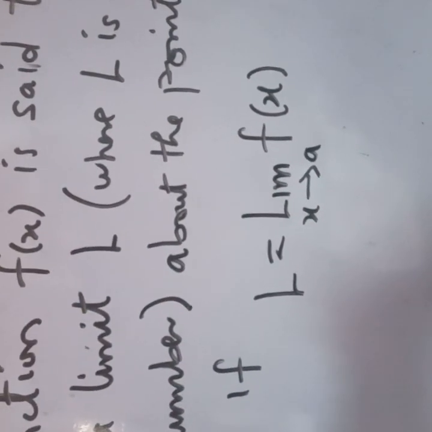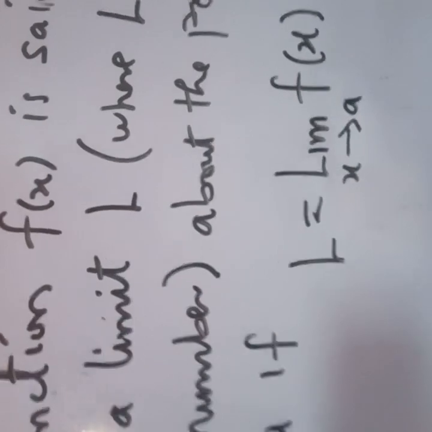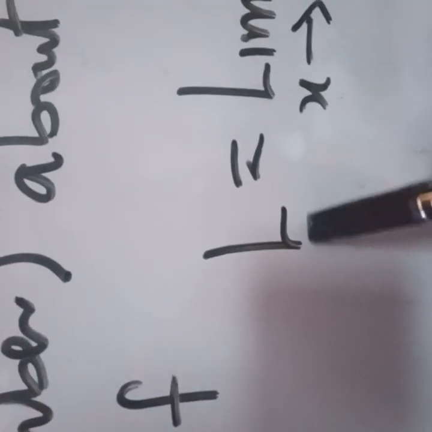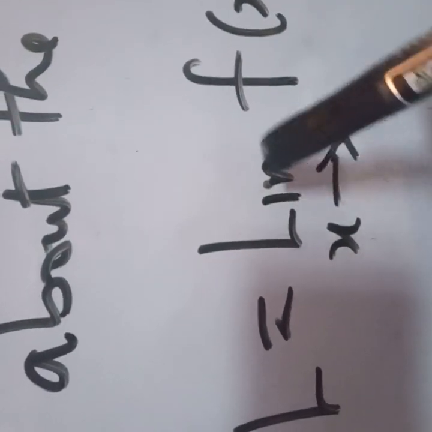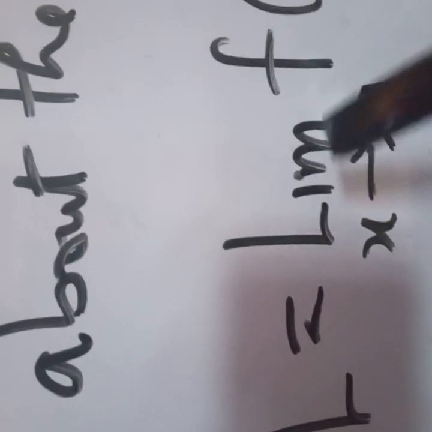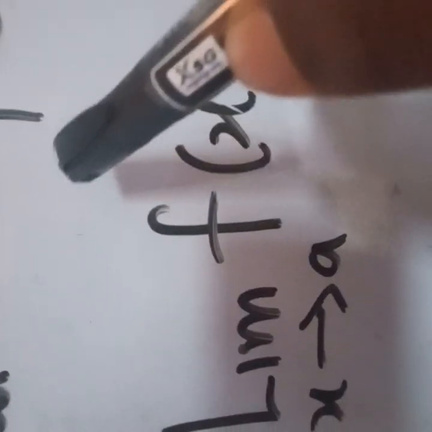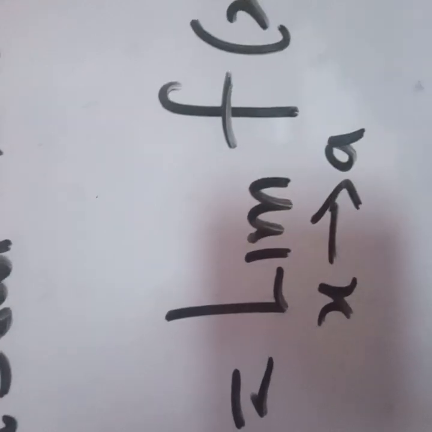What do we mean by this? We mean this L here is a defined term. This lim means an operator. Anytime you see this operator, it means you have to find the limit of this function when x tends to a.